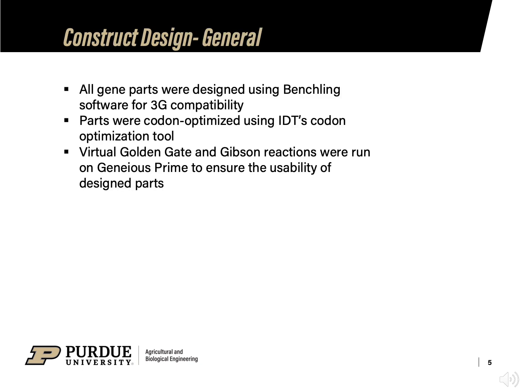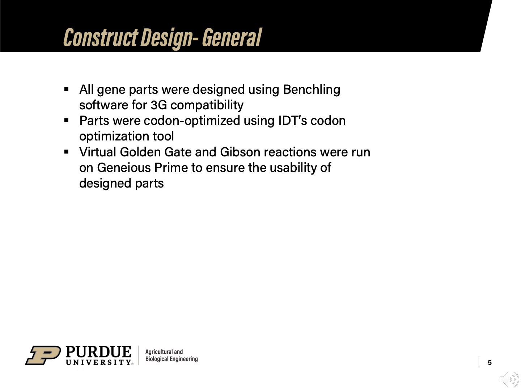Each of the gene parts that we designed, we used Benchling for, and we designed them with 3G compatibility in mind. What this means is that primarily we ensured that each of the genes did not encode for any BsaI cut sites, as that would cause the gene encoding protein to be cut off prematurely and not allow for our desired proteins of interest to be created.